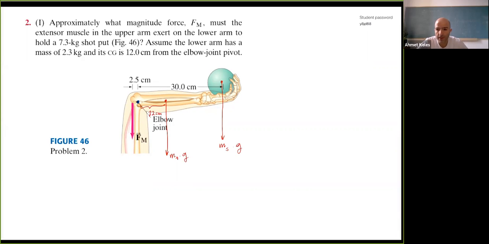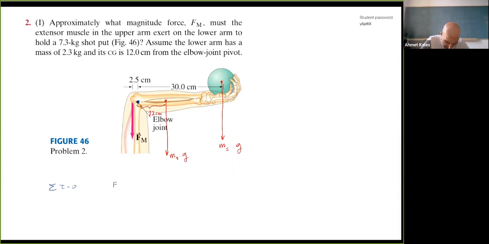Can we take torque with respect to the elbow joint? Yes, let's do that. The total torque is 0, and I choose the elbow joint to calculate this torque. So I can immediately jump into this equation.